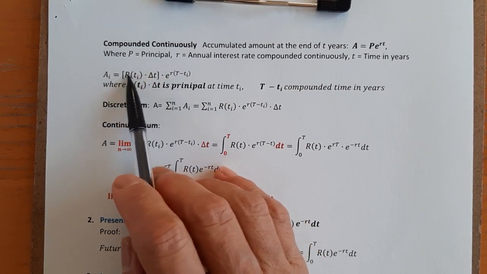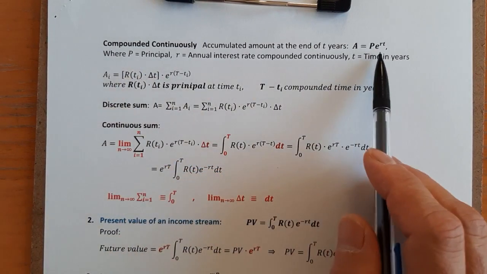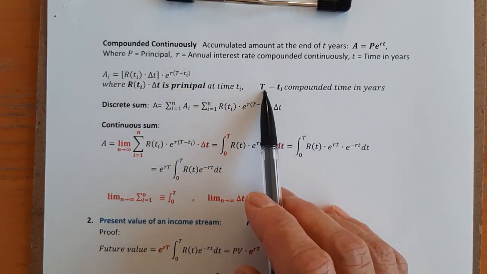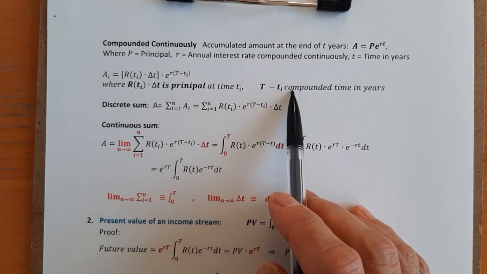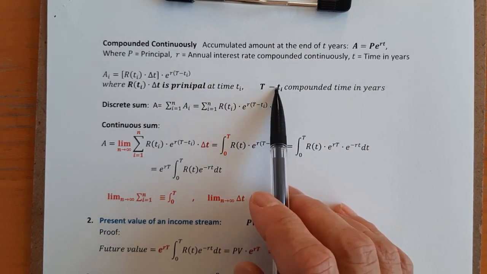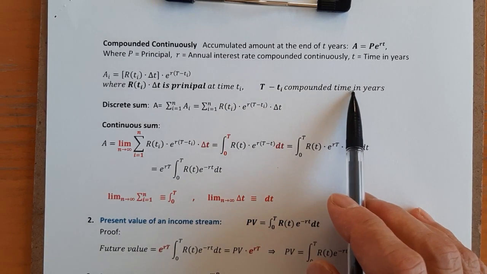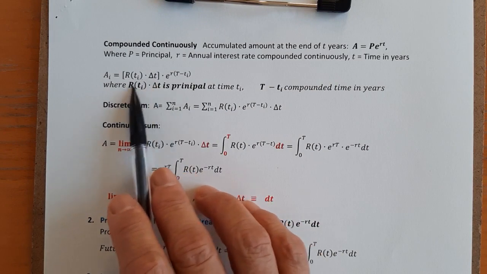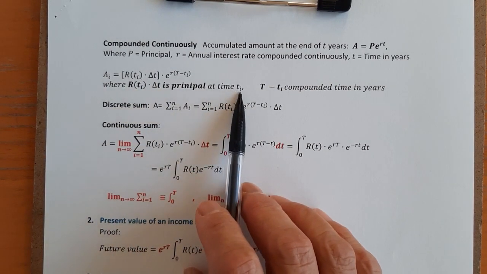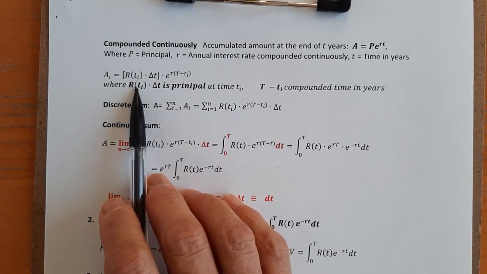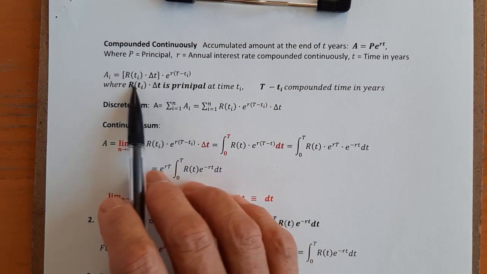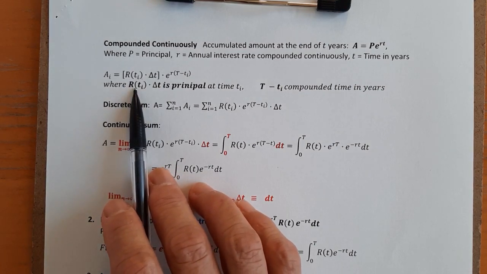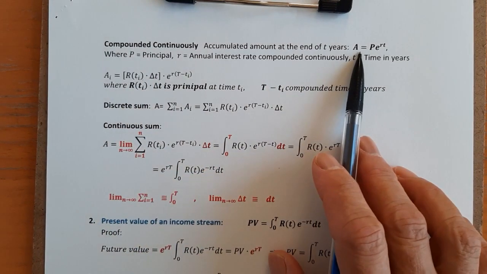So the principal, so much, at the end of capital T years, compounded for capital T minus ti years. The principal is this at time ti, because this is the rate and delta t is the total deposit, how many dollars. Principal is principal, use this formula.